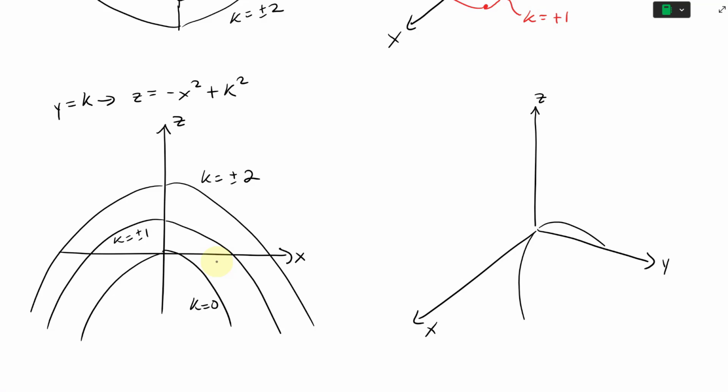So that's how it looks, and this one is at k equals 0, or y equals k equals 0. I'll just put that for completeness, to make it easier to understand. And then the next one is going to be over here, shifted up.